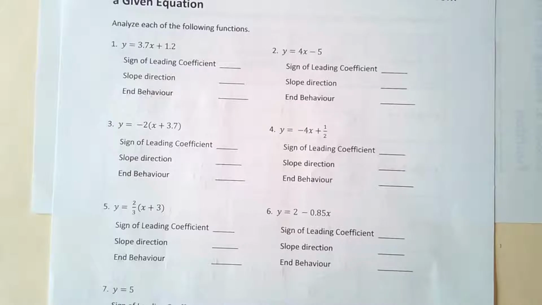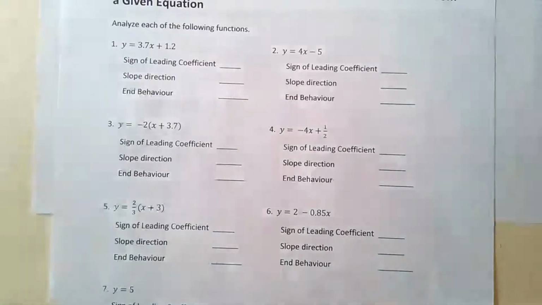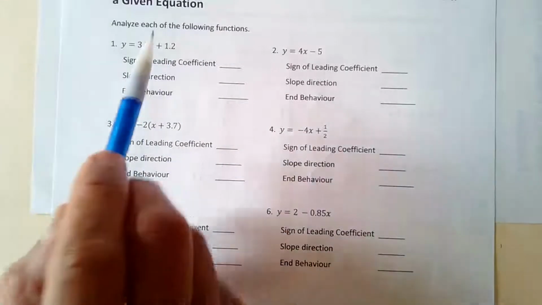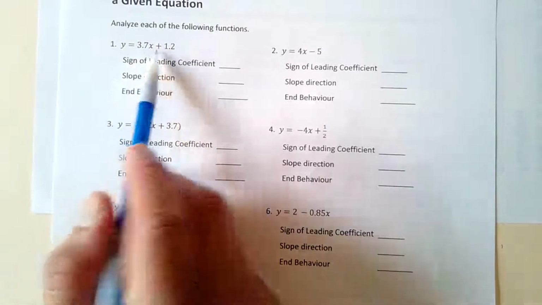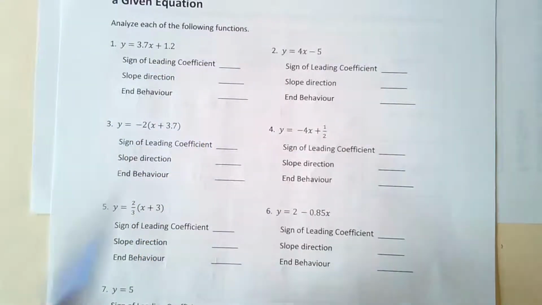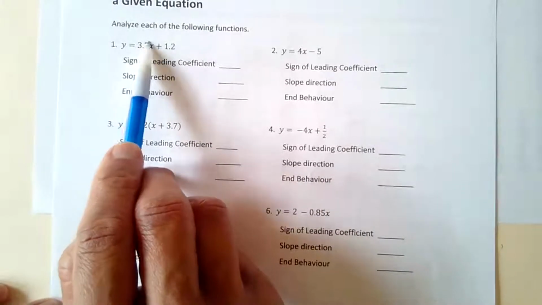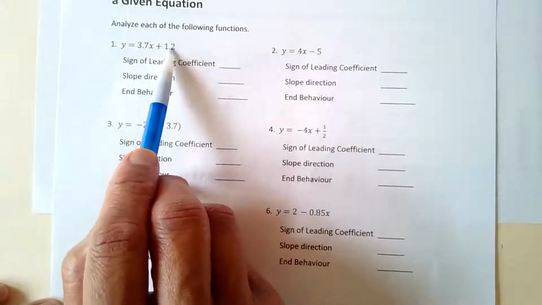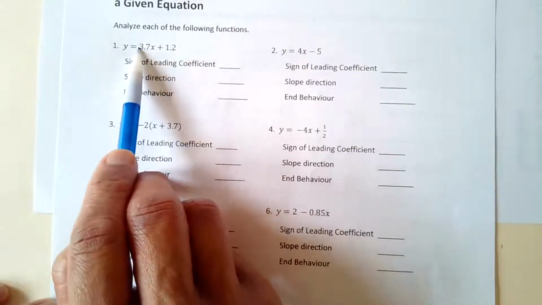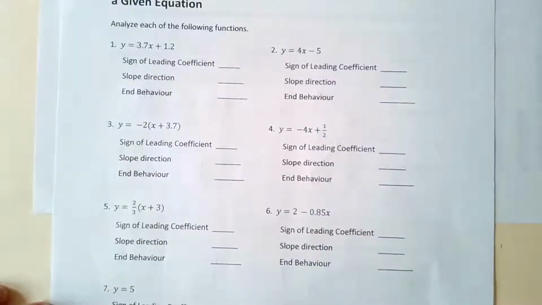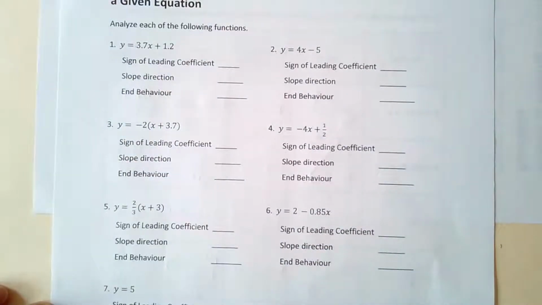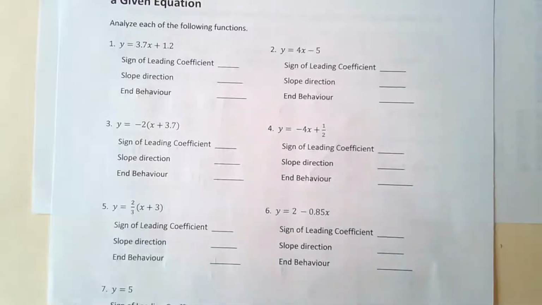So recall, whenever we are looking at any equation, the characteristics of an equation, if it's written in any form, just look at its y. This will be your coefficient. That's your y-intercept. The sign in front of it refers to your sign, which is a positive or a negative.